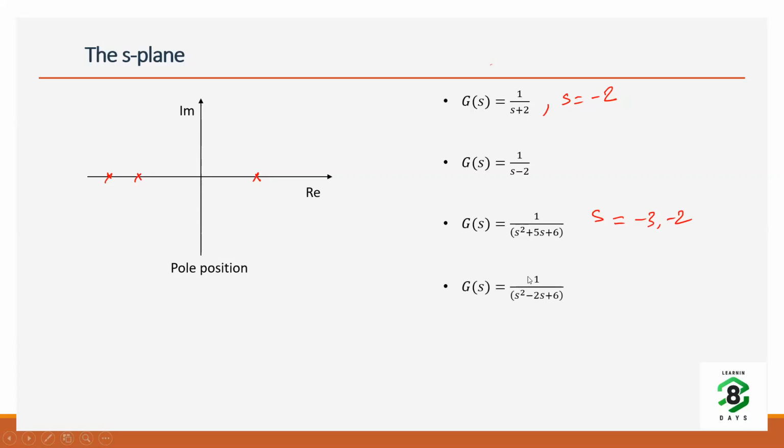What happens if the equation is like this? Now you have to solve the characteristic equation and find out the root, right? But even if I don't want to solve it right now, what we can do is that you have one negative component over here, right? What does it mean?